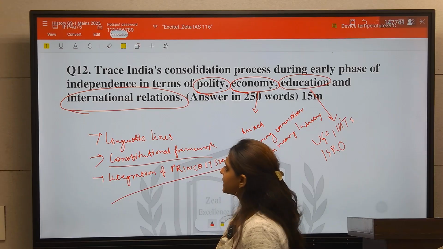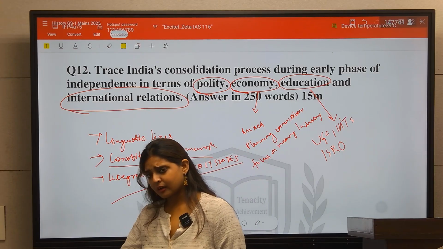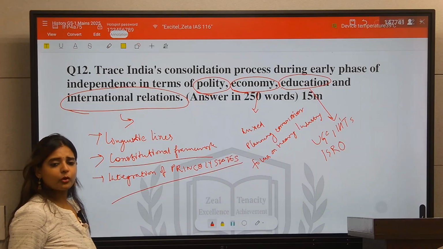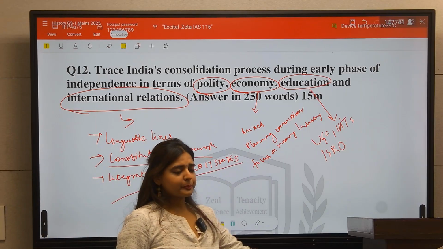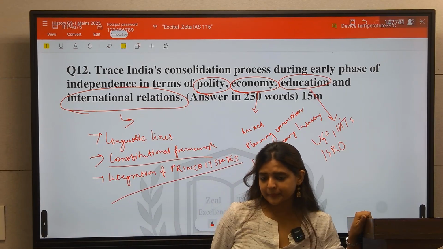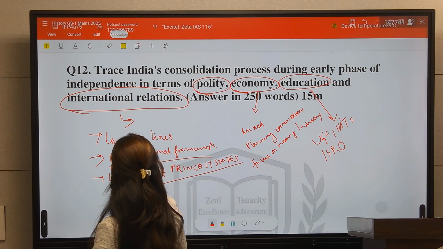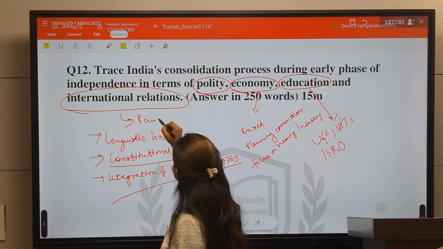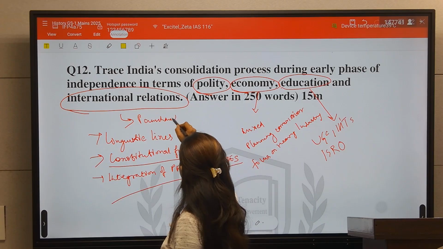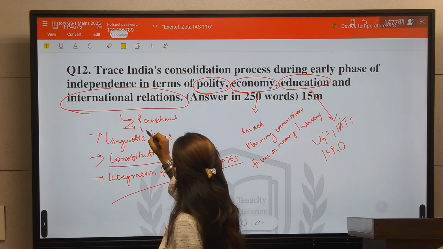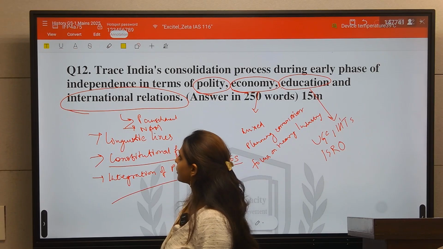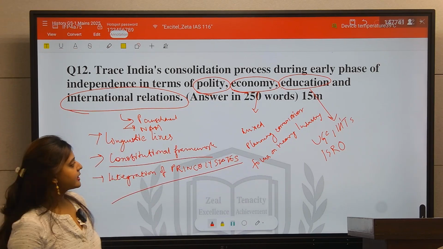You can also write about the principle of Panchsheel, the Panchsheel Agreement in 1954 signed with China for peaceful coexistence and India's stability in Asia. You can write about all these things. Panchsheel and NAM. You can write about all these things in this question.